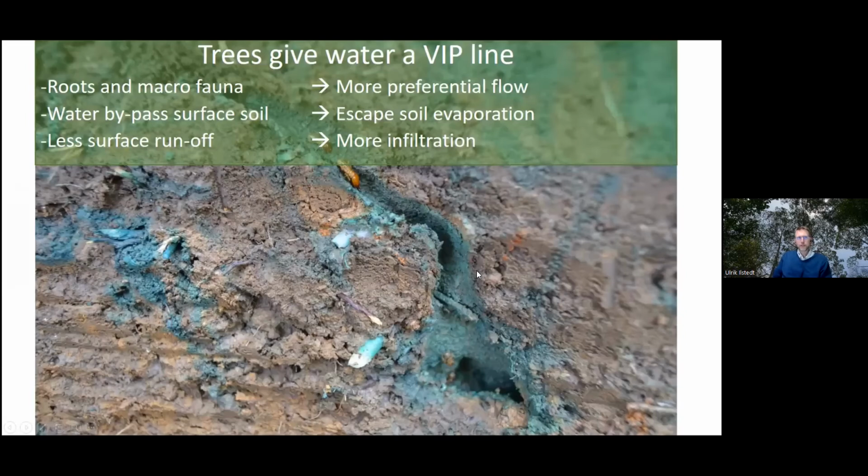So what is happening, we believe, is that trees sort of give the water a line, a preferential flow path is one term for it, through the soil. And that is done through tree roots, channels, and the soil macrofauna.